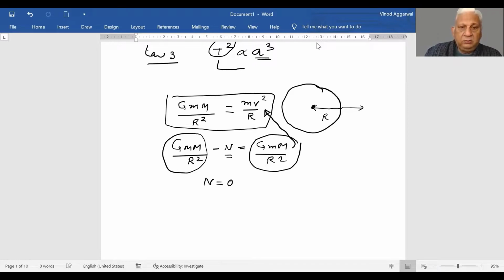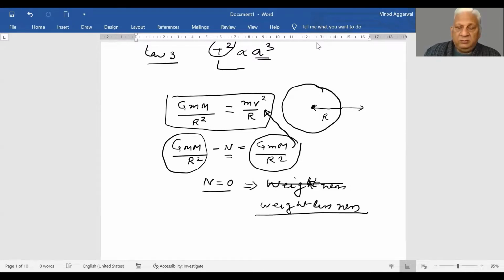N is 0. N is 0 means you don't feel any weight. This is called weightlessness. You don't feel any weight because you are equally attracted by the gravitational force and counterbalanced by the centrifugal force. So the net force is 0.